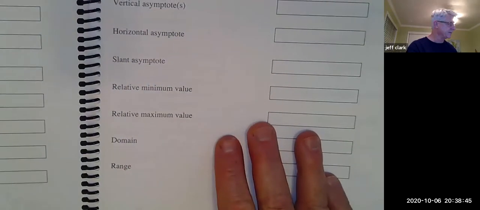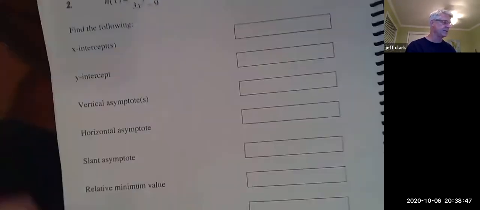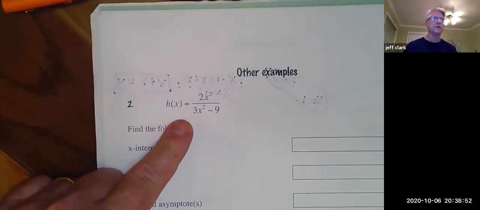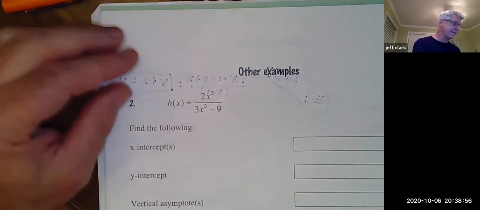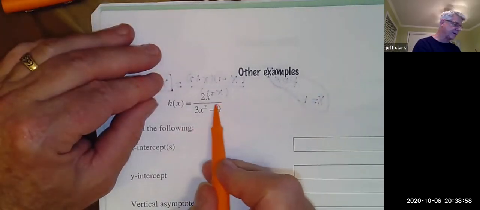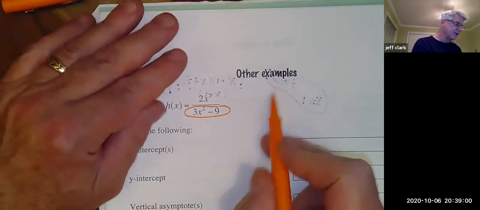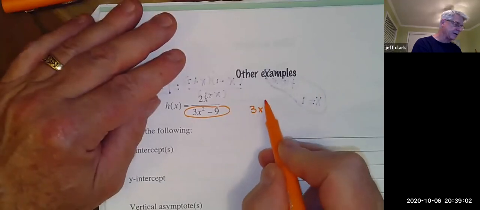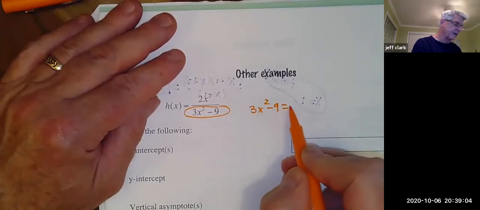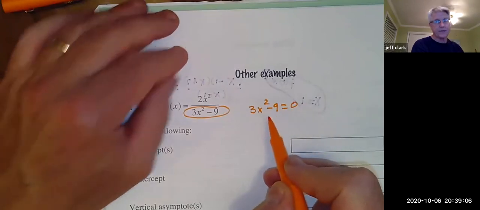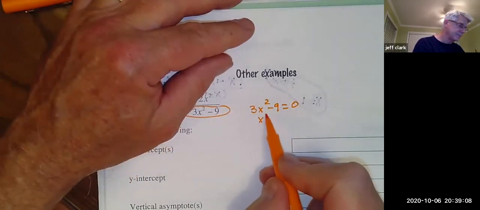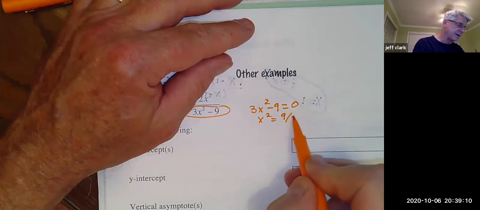Let's see if I can do another one here. Yeah, let's do this one here. Okay, now, when I'm looking at the denominator, that's where the vertical asymptotes exist. So what you'll do is you go 3x squared, subtract 9. You wonder where the vertical asymptote is. So solve for x squared: 9 over 3.